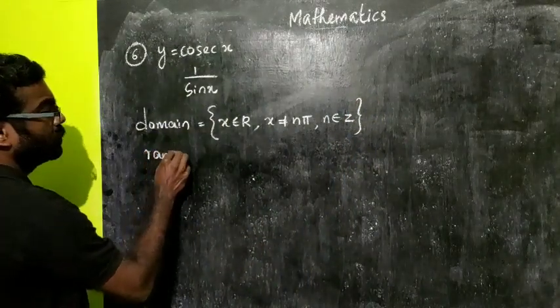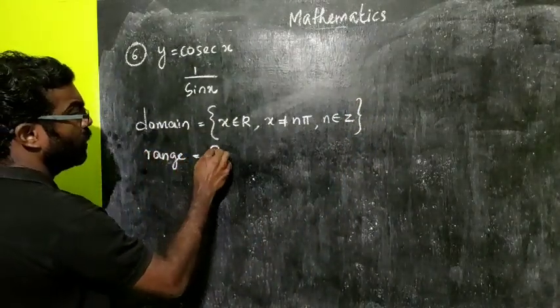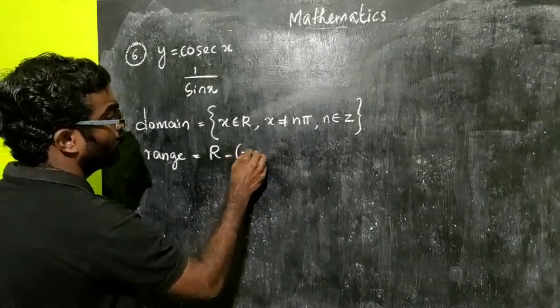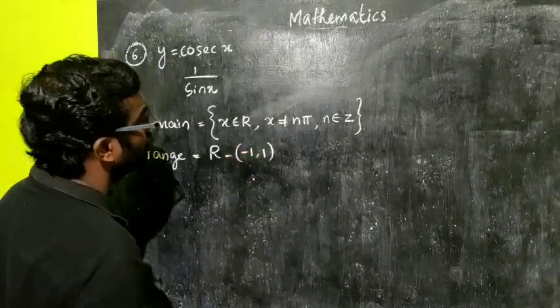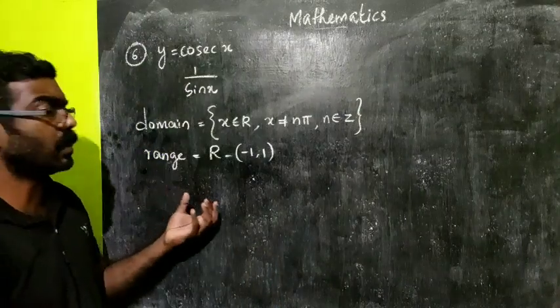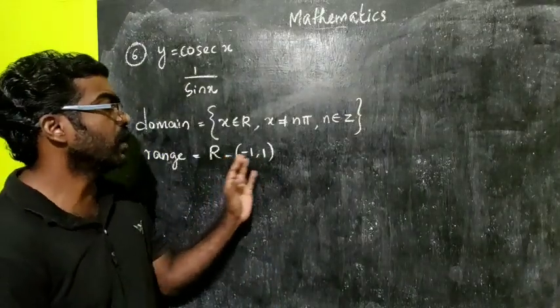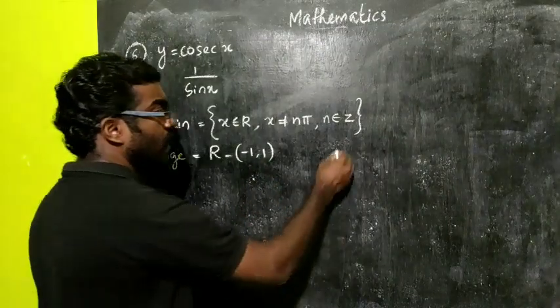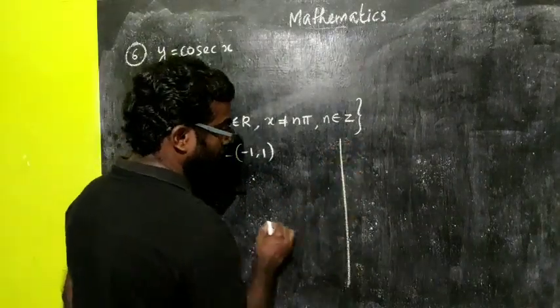And the range is the set of all real numbers minus the open interval (-1, 1). That means we will get a real number other than the values in between -1 and 1. Clear? Now we can draw the graph of this function.